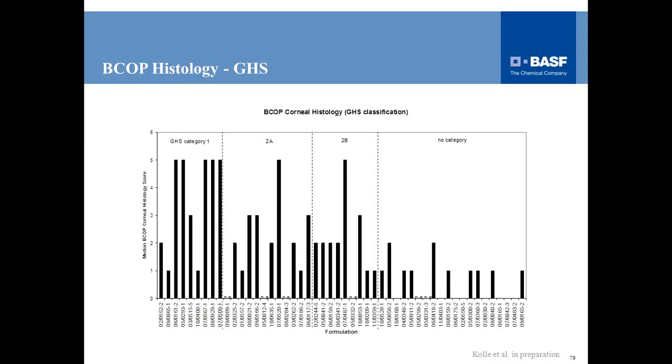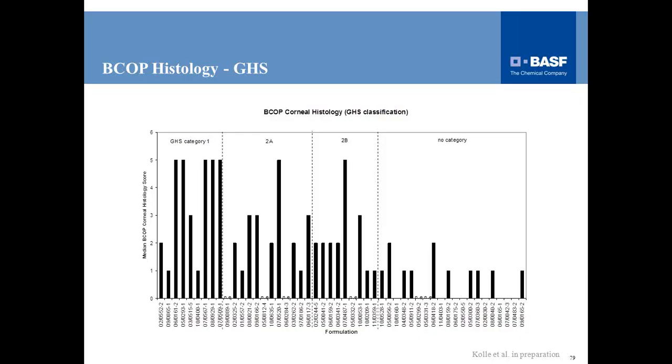So this is the OECD guideline endpoints. In addition, we have performed histology on the corneas after the standard endpoints in the BCOP assay. Without going into too much detail, we have developed our internal scoring system for the pathophysiology of the bovine corneas. 0 would be a cornea that is not affected at all, and 5 is the most severe category.